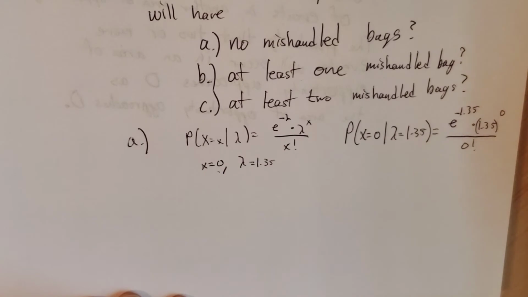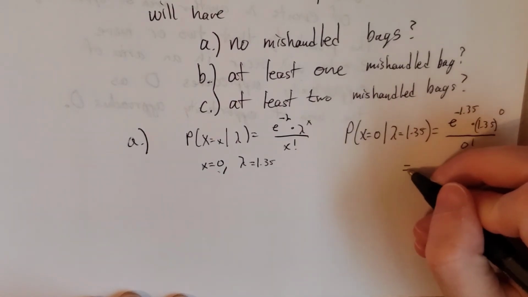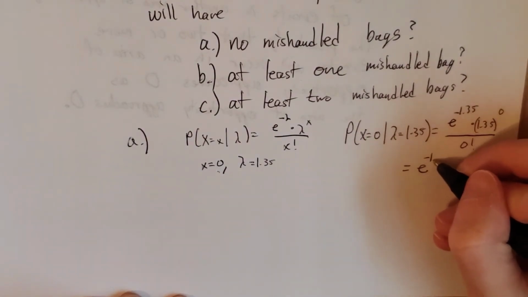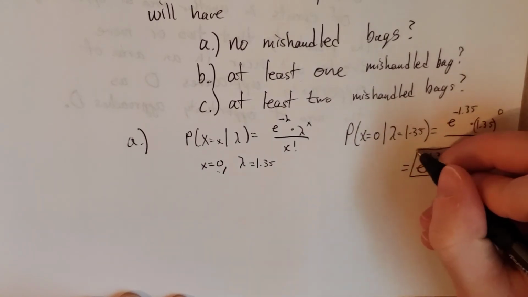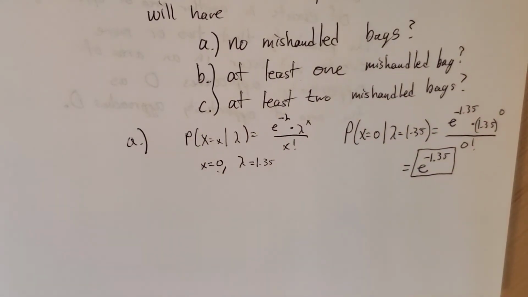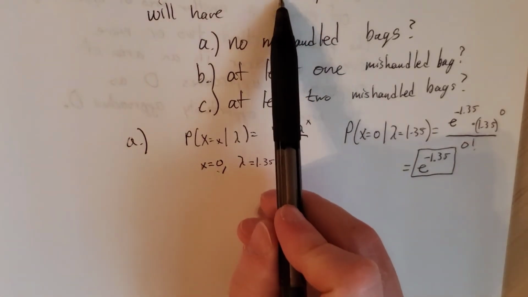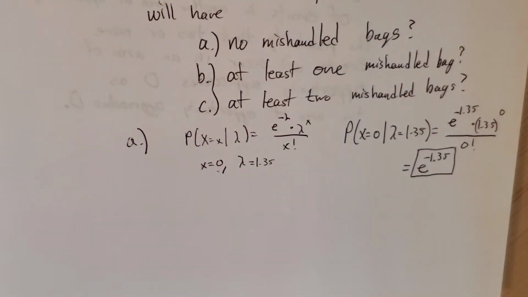Well, anything to the 0th power is 1, and 0 factorial is also 1. So this is just e raised to the negative 1.35. And that is the probability that we have exactly 0 mishandled bags in the next 1,000 passengers at Delta.